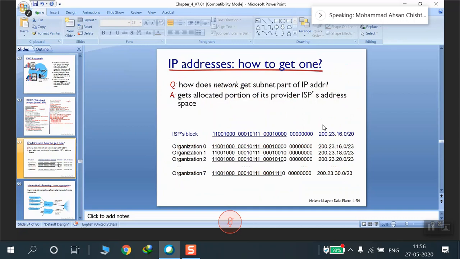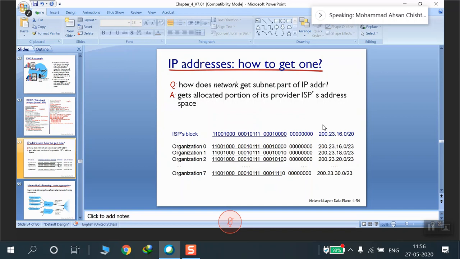Now again, if you had used manual configuration, you would have kept the IP address physically, like I just now told you. You open the network properties, put in the IP address and then save it. Your system would start working fine. But the problem with manual configuration would be that, let's say another friend of yours keeps the same address. IP address is supposed to be a unique identity within the network.